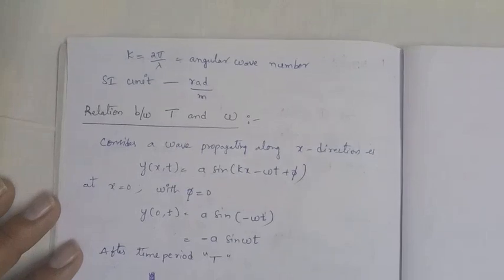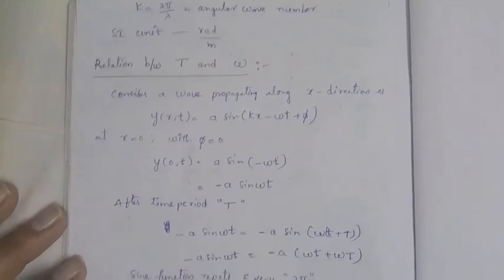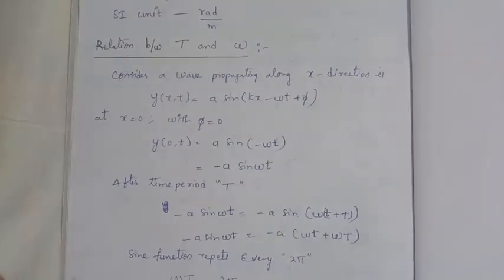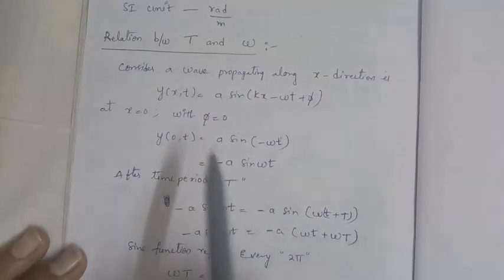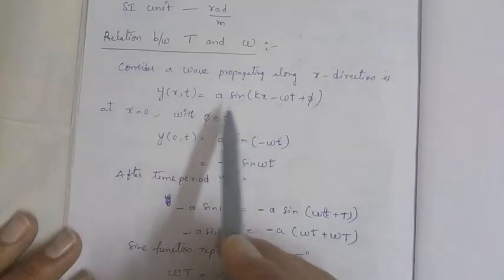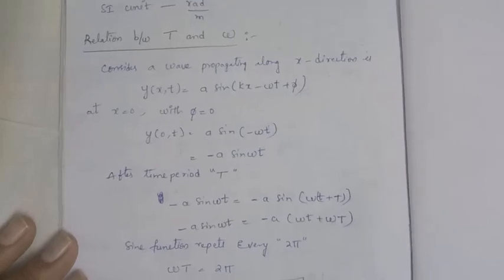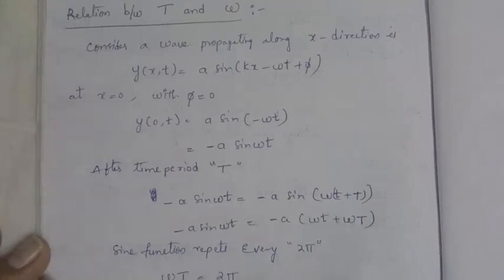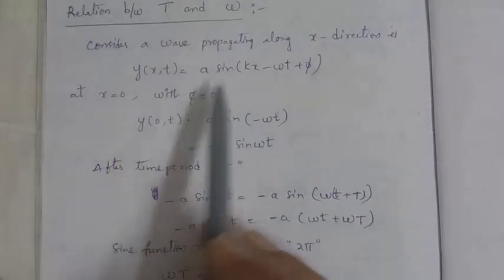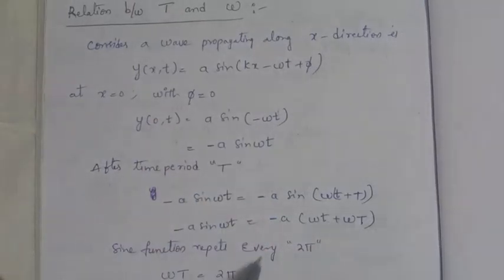And the next one is the relation between T and omega. It is similar to the previous one. First of all, you take the progressive wave expression, and apply x is equal to 0 and phi is equal to 0.